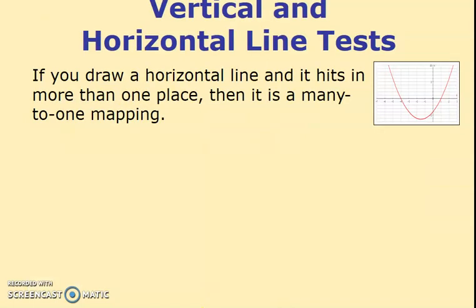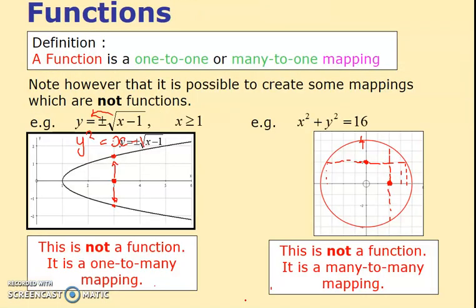Now, one way of thinking about this is in terms of lines, a vertical line and horizontal lines. And if you think about what the graph looks like, you might be able to then decide whether or not it's a function or not. Now, remember our definition of a function. Let's go back. A function has to be either one-to-one or many-to-one.